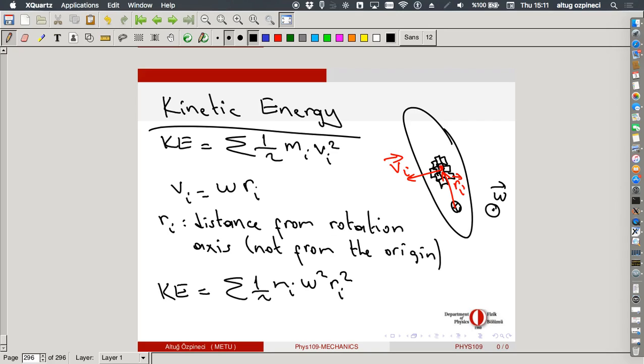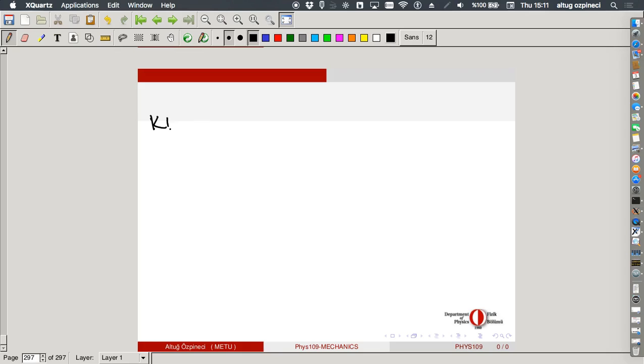They are all the same omega, so I can just take it out of the summation sign. So the rotational kinetic energy is equal to 1/2 times the sum of m_i r_i squared, times omega squared.